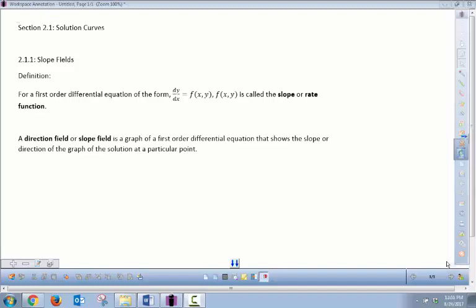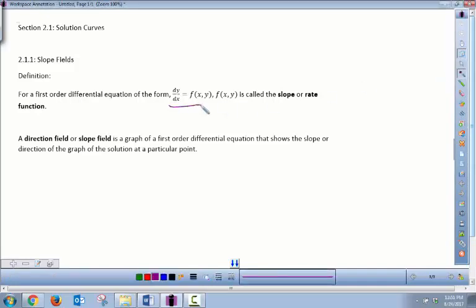Now, these types of graphs that we're going to look at are called direction fields or slope fields. As the name suggests, they draw out the slopes. Here we are restricted to first order ordinary differential equations, so we're just looking at dy/dx or dx/dt or dy/dt, whatever independent and dependent variables you have.